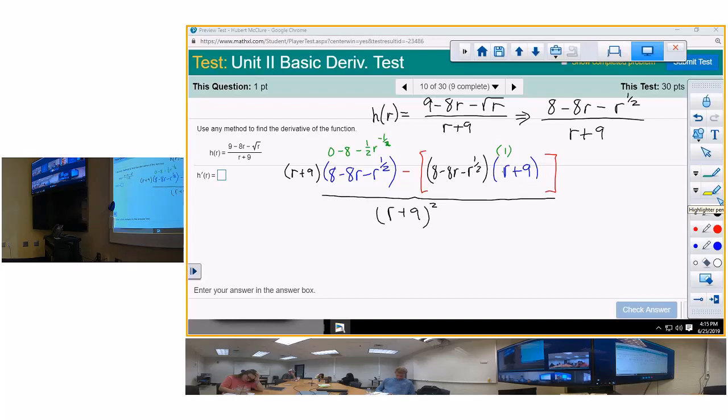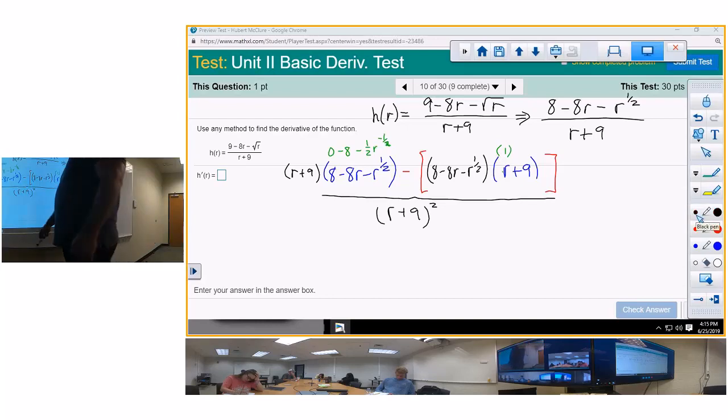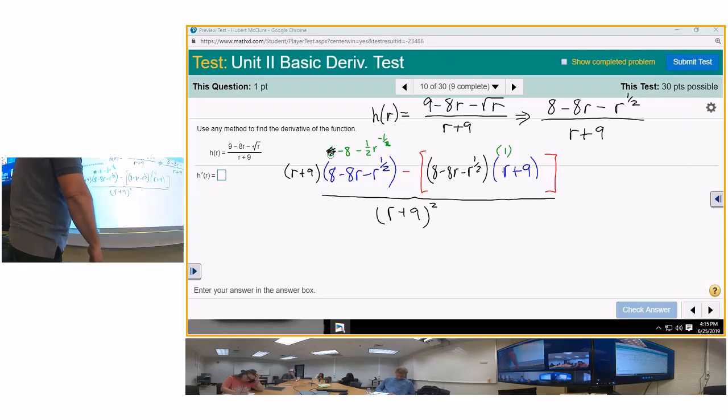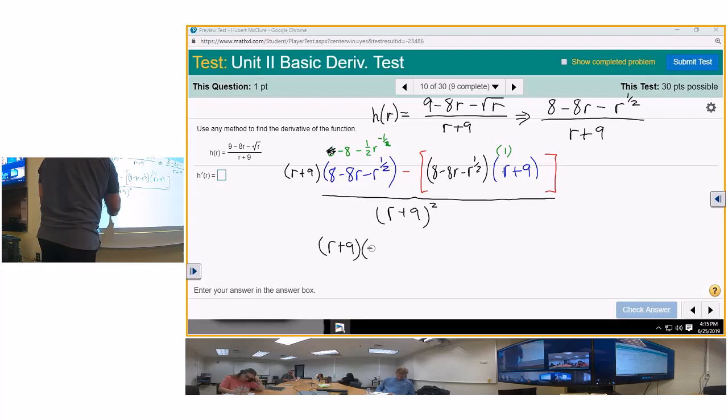So now I'm going to rewrite the top. And of course, we don't need this. And we could write this, but I'm not going to rewrite it yet. I'm not going to do anything. So R plus 9 times negative 8 minus 1/2 R to the negative 1/2 power.